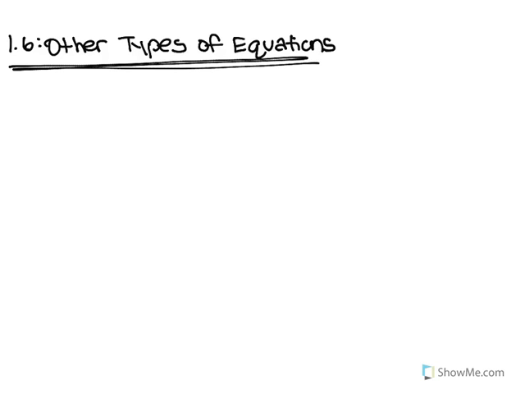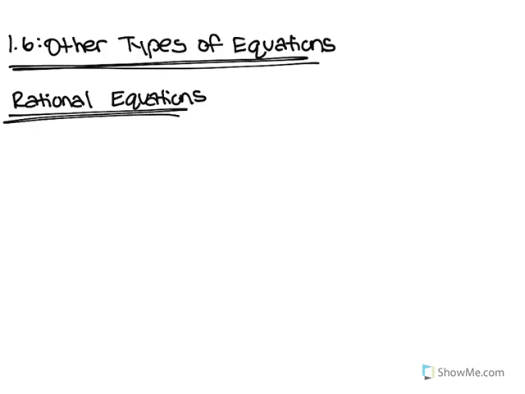But the first group we're going to look at are going to be the rational equations. Okay, the rational equations. And we've talked about that word rational. That means fraction, okay?